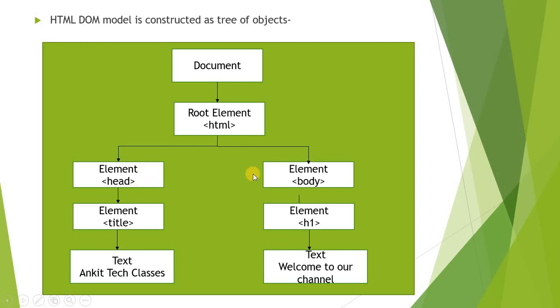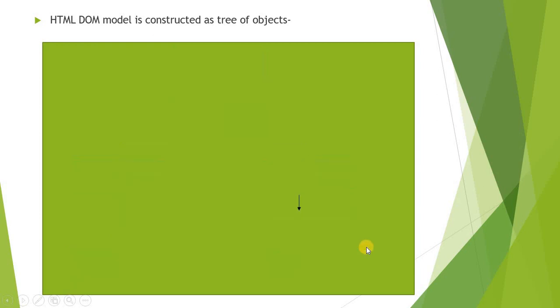It contains all the other HTML elements. Likewise, the head and body; head contains the title element, and the title element contains the text Ankit Tech Classes, and under the body it contains the h1 element. The h1 element contains welcome to our channel.